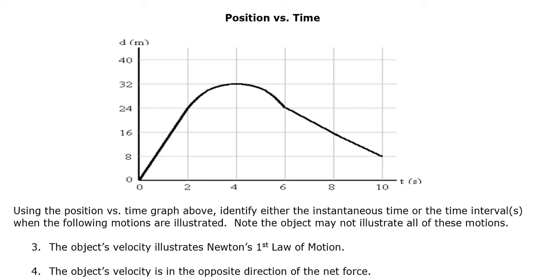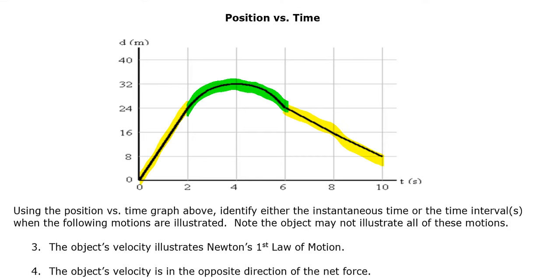Before we start, recognize that there are 2 types of motion on this graph. So that's constant, and that's also constant there, right? And then I'll make the green the changing part.